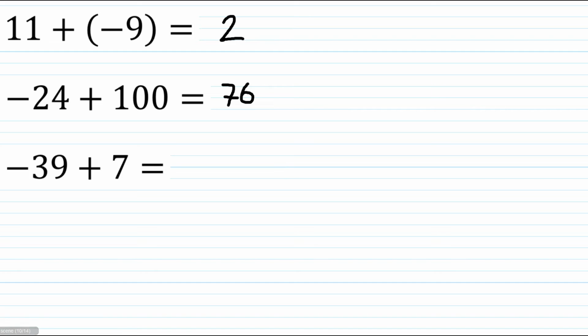Another one. We have here negative 39 plus 7. So again, different sign numbers. 39 is negative and 7 is positive. So getting the absolute values, we have 39 and 7.